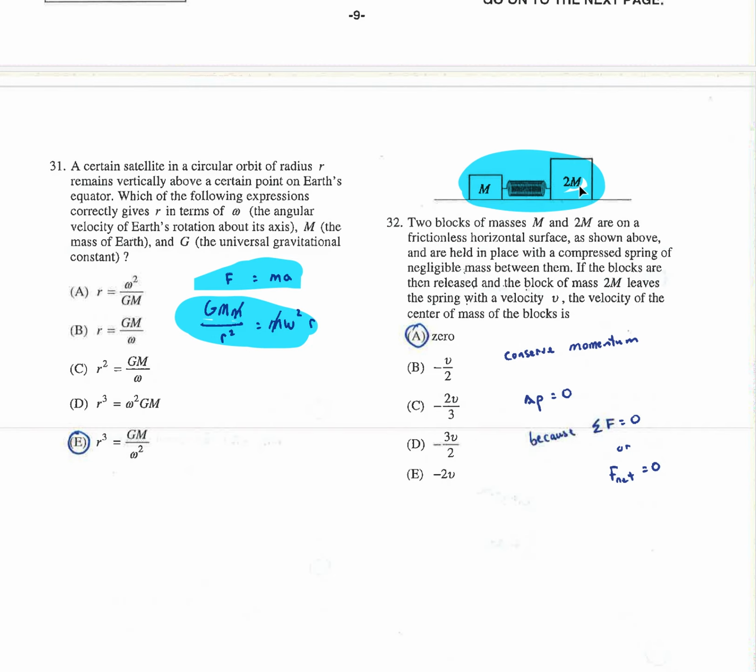All right, this guy, so we got this. When we release this thing, this one's going to go to the right at half the velocity that this one goes to the left. However, think about the center of mass. The center of mass cannot move unless there's an external force. Well, there's no external force. There's a force on this to the right, which is the same as the force on this to the left.